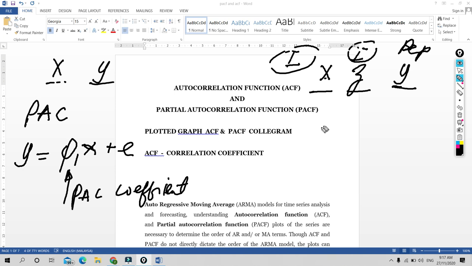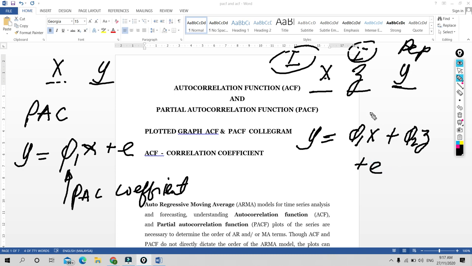So my multiple regression is y equals phi 1 x plus phi 2 z plus epsilon here.